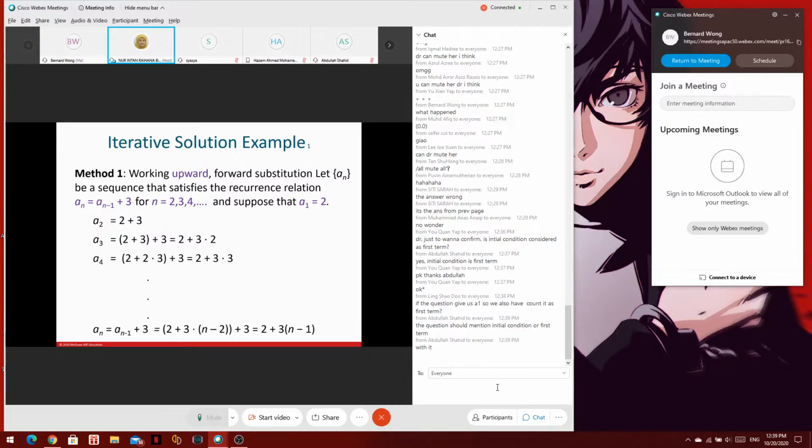First, the iterative solution. Example 1, working upward, forward substitution.